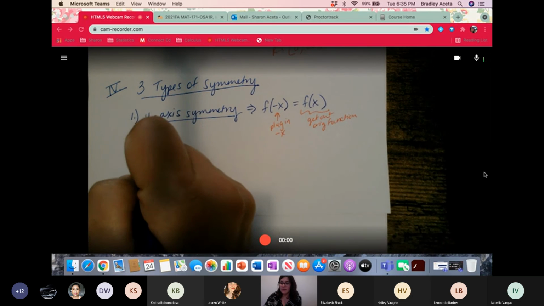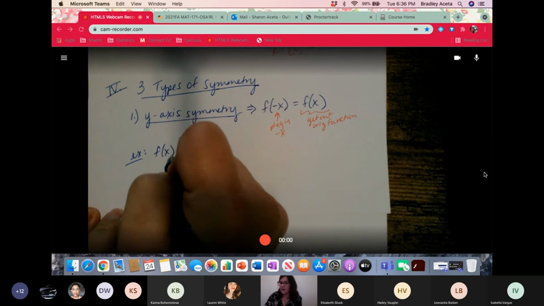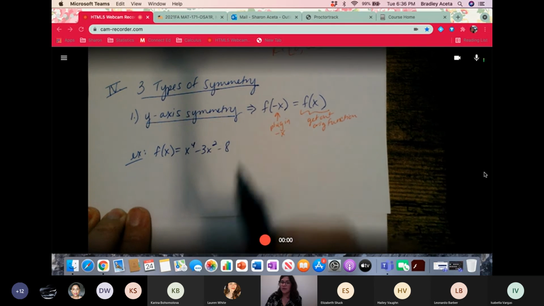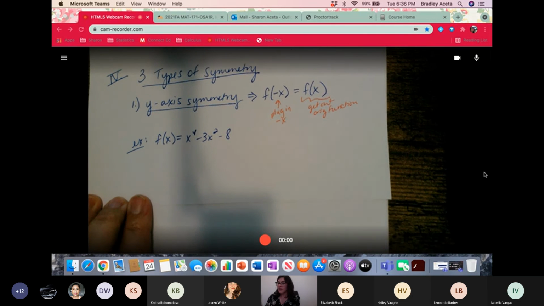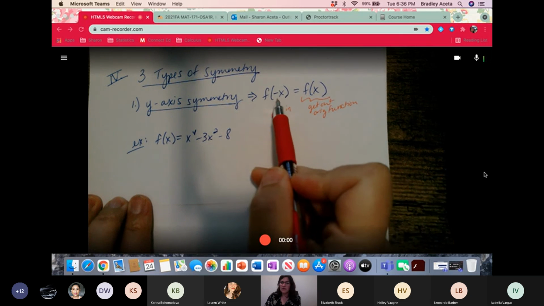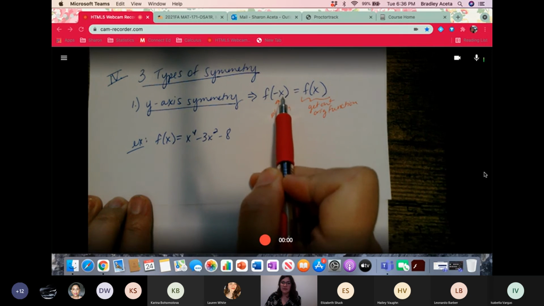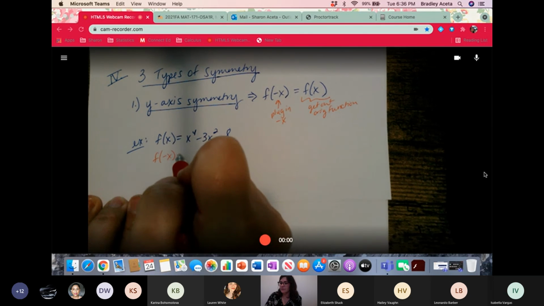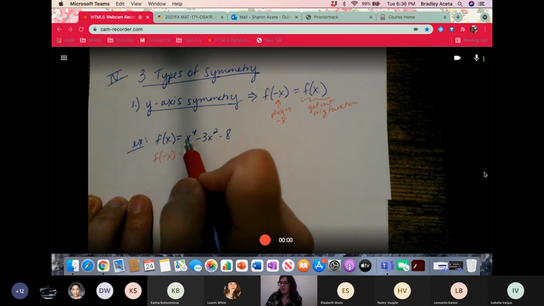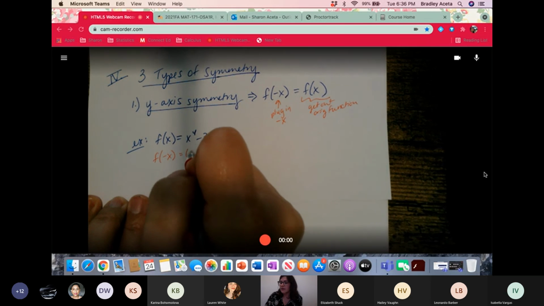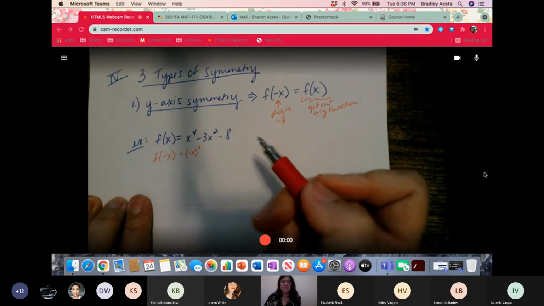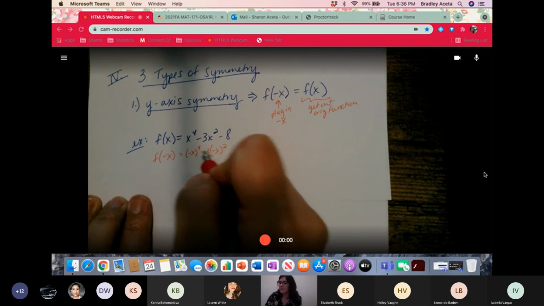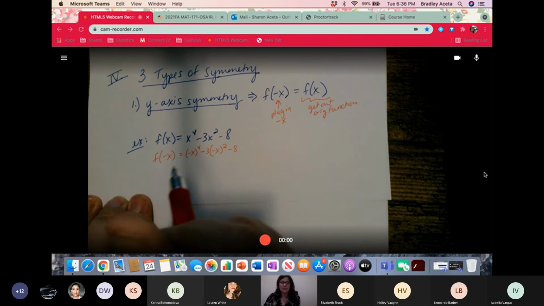Let me give you an example of what I mean. f of x equals x to the 4th minus 3x squared minus 8. Okay? If I were to plug a negative x in everywhere I see an x, right here at this x, I'm going to put negative x to the 4th, minus 3 times negative x squared, and then minus 8.